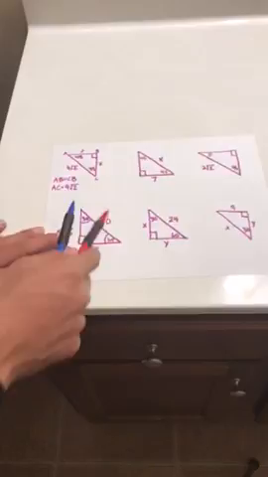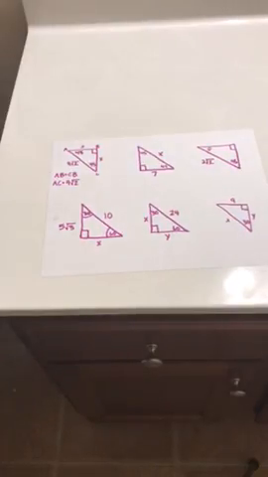So let's look at our first one right here. It gives us the hypotenuse, so we have to find the sides. It says AB equals CB, which are the legs, equal each other because it's 45, 45, 90. Then we have AC, the hypotenuse, equals 4 square root of 2.